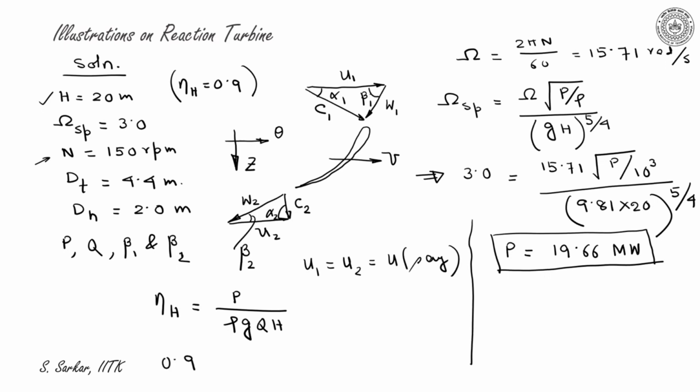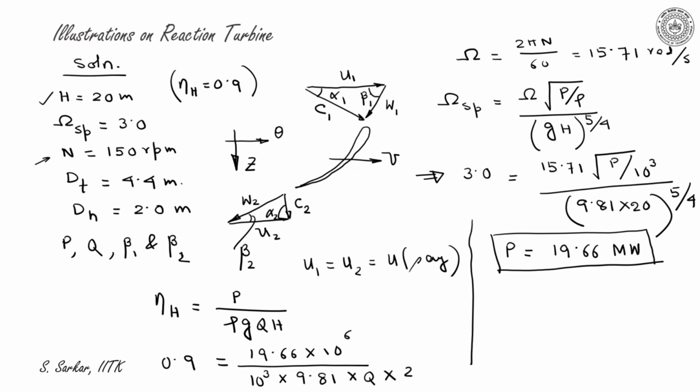Thus one can evaluate from here the value of Q. If you evaluate the value of Q, you will get Q as 111.35 meter cube per second. Thus I have got the value of Q. So I have evaluated the value of P and the value of Q.